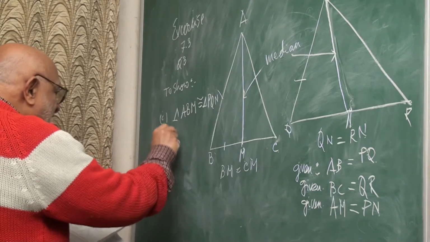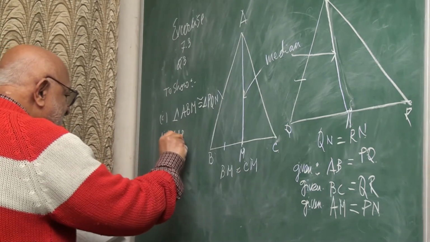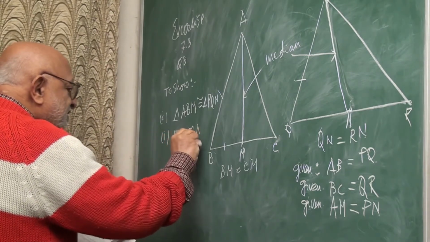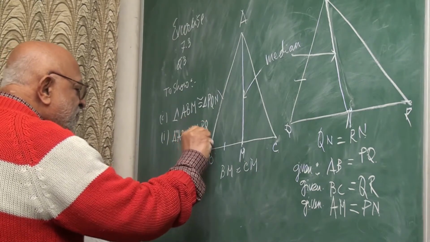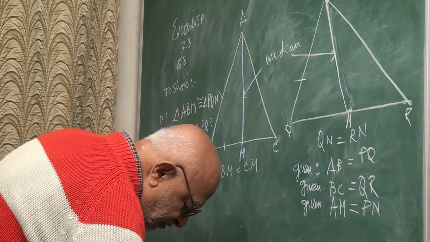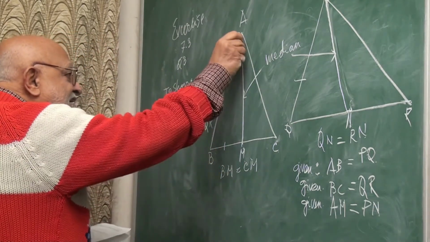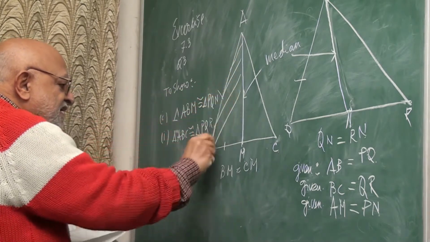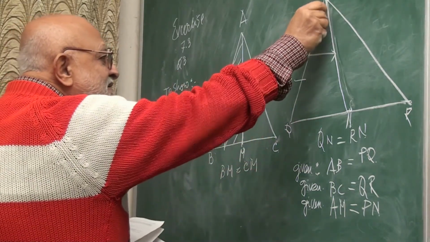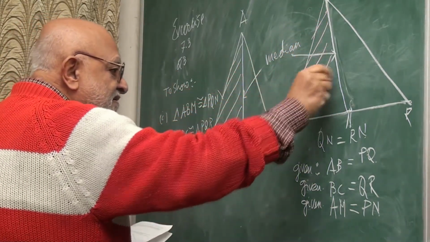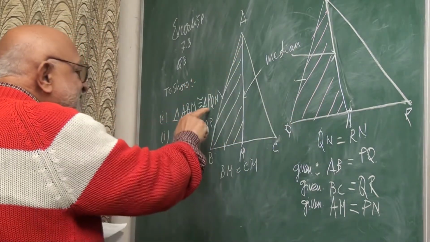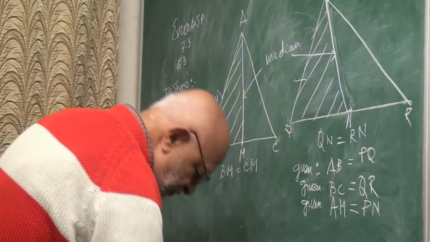You have to show whole triangle ABC is again congruent to triangle PQR. Okay, first, what I have to prove? I have to prove this triangle is congruent to this particular triangle. Okay, let's check it. ABM is congruent to PQN. This we have to prove.